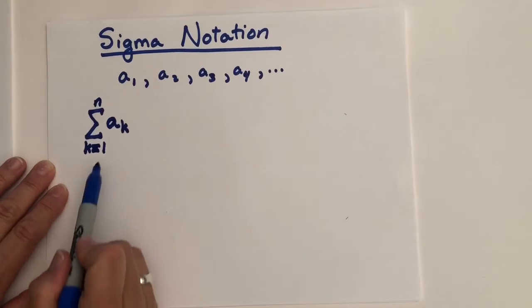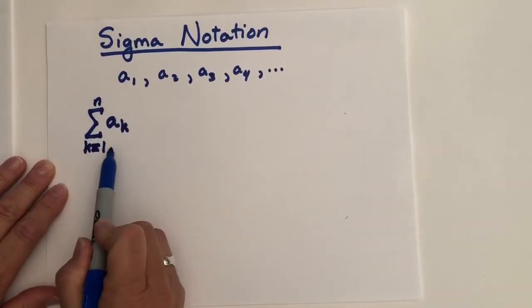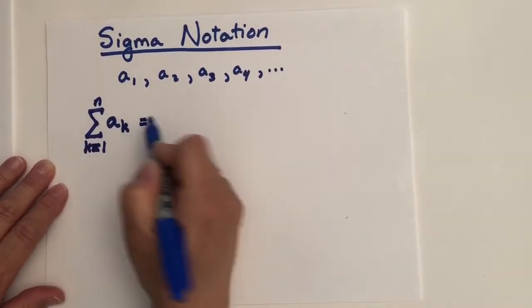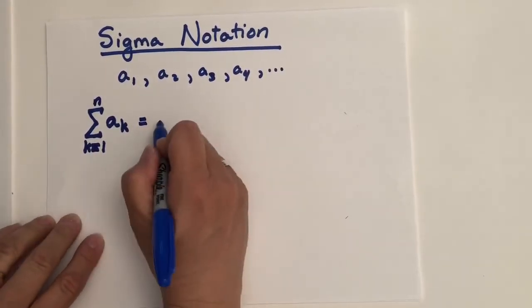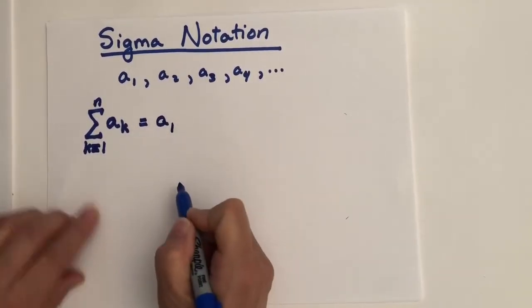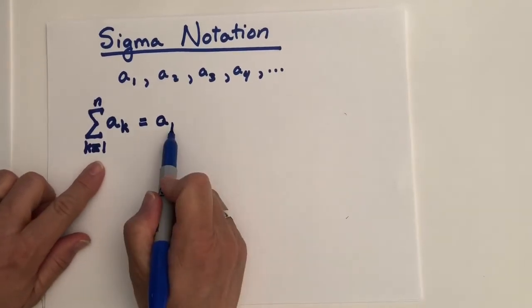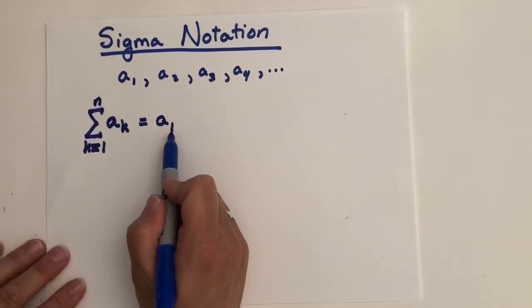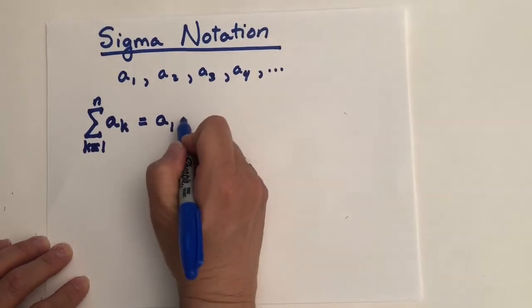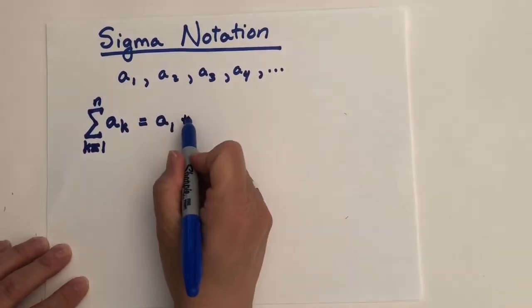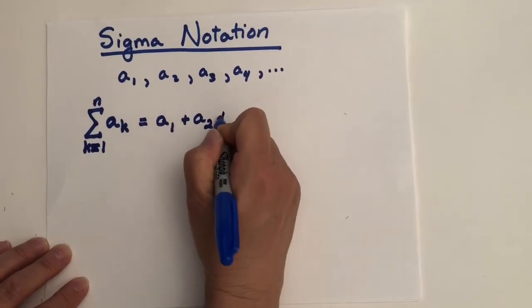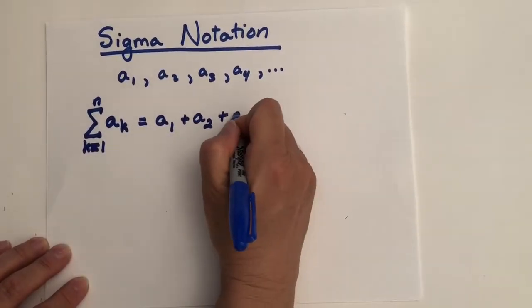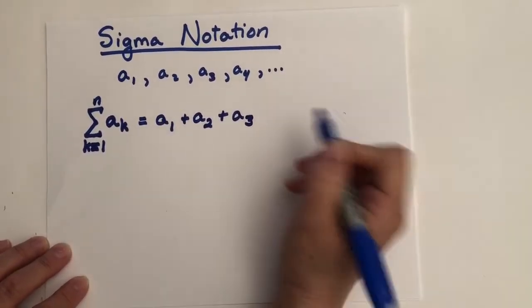If we have a summation that looks like that, it means you substitute k equals 1 in, so we would have a sub 1, and then you increment this index by 1 and add. So we would move up to a sub 2 and continue substituting in 3, so we'd have a sub 3.